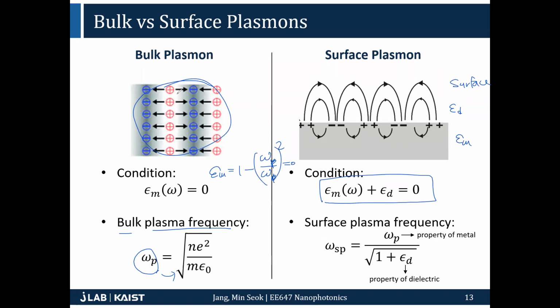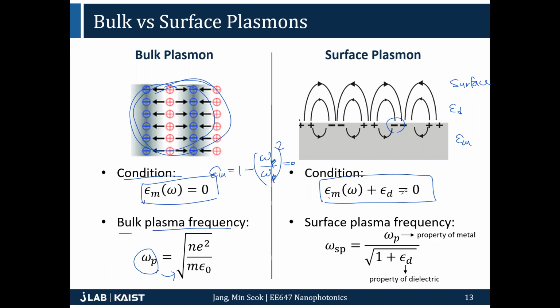In the bulk plasmon case, it's metal everywhere, so basically the condition is that your permittivity is zero. And in this case, we have a surface, so epsilon m plus epsilon d is kind of an average permittivity of this surface.